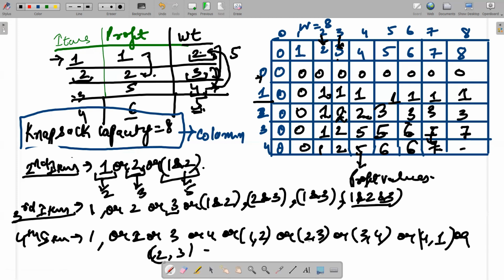All the possibilities, guys. Now, when weight 8 is reached, I can include weight 8 with this fourth item, and weight 8 with 5 plus 3 weight is 8 weight, and profit is 6 plus 2, which is 8.